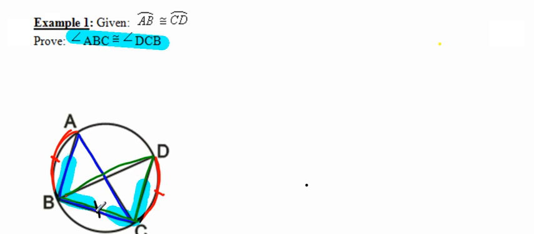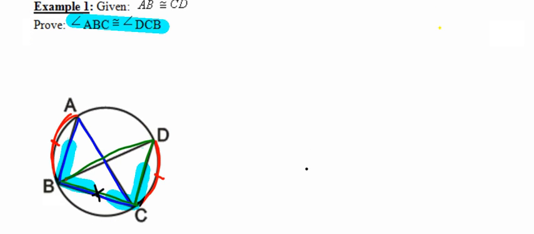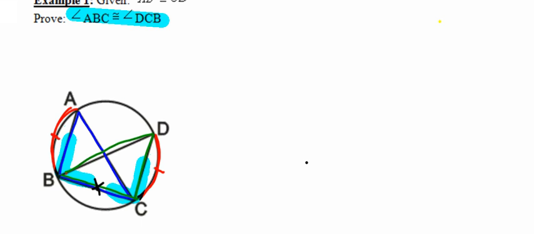Well, in looking at those two triangles, one thing I notice right off the bat is that they share side BC. It's the same in both. So a little reflexive property will give me one pair of congruent sides. Another thing that I happen to notice about these two triangles with respect to these arcs is that angle C, and I should call this angle 1, is an inscribed angle for arc AB, and an inscribed angle for arc CD is this guy over here, angle 2.